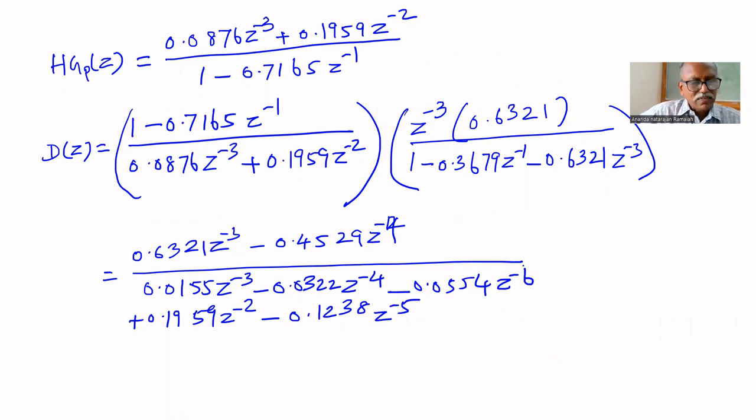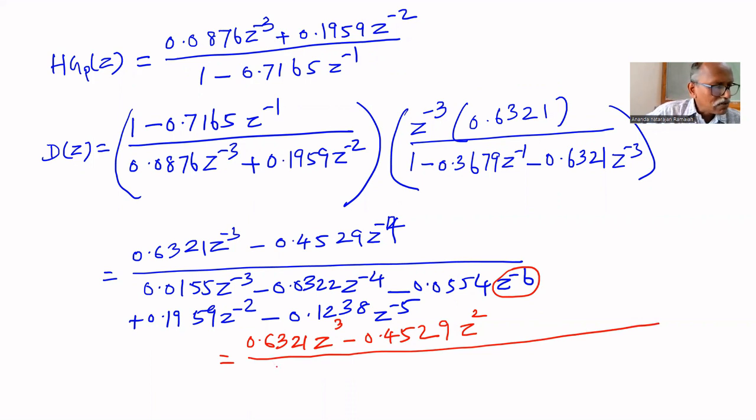The highest power is z^-6. To make it all positive powers, multiply the numerator and denominator by z^6. Therefore, you will get 0.6321 z^3 minus 0.4529 z^2 in the numerator.